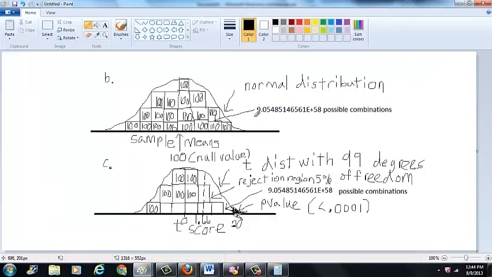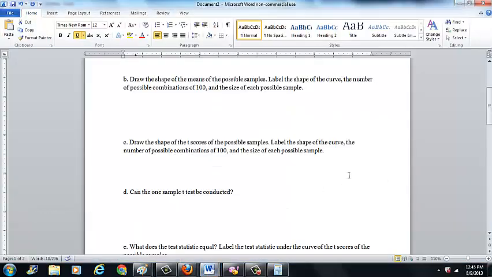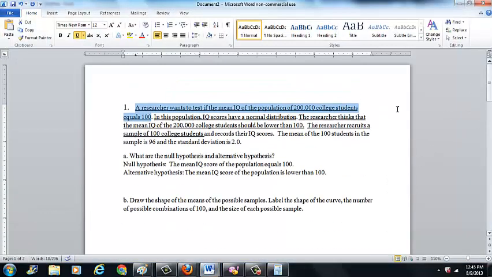If the sample means ended up being normal in part B, then you'll end up with a t-distribution curve in part C. So you'll label t-distribution with a certain number of degrees of freedom, which is the sample size minus 1. It's still going to be 100 in this question because we recruited 100 students, so it's 100 minus 1.